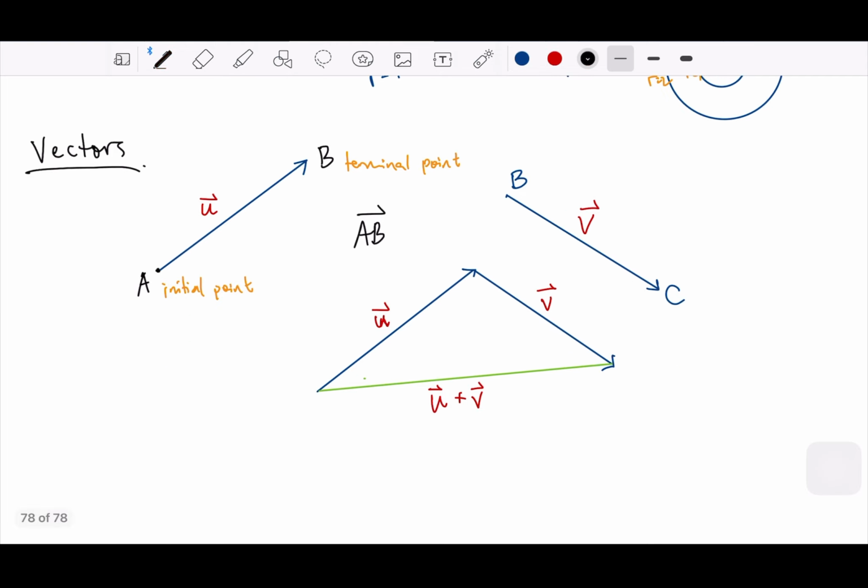Or if we imagine that the vector AC is AB plus BC. It's just similar to playing some games, finding the starting point, and then you walk on and find a way to get to the terminal point, the finishing point.